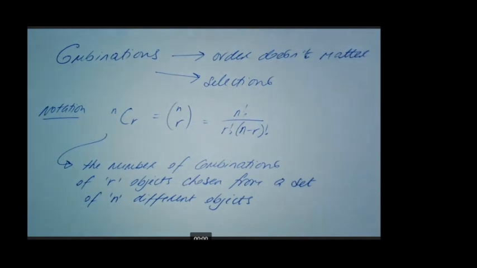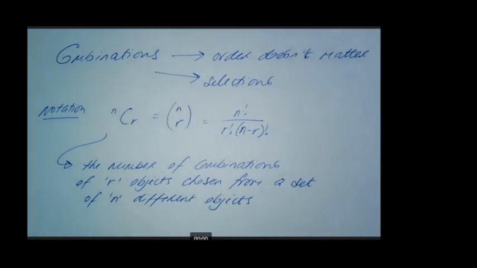They're not terribly common, but it is something that could come up, and for that you just need to be familiar with the actual calculation that your calculator button does. So the nCr, that button on the calculator, and that calculation will work out for you the number of combinations of r objects chosen from a set of n different objects.